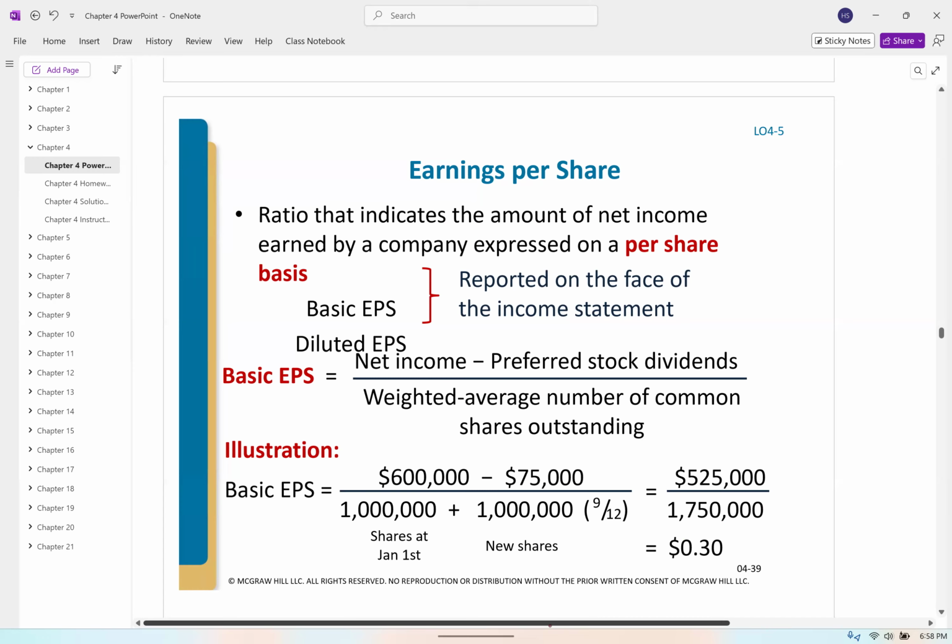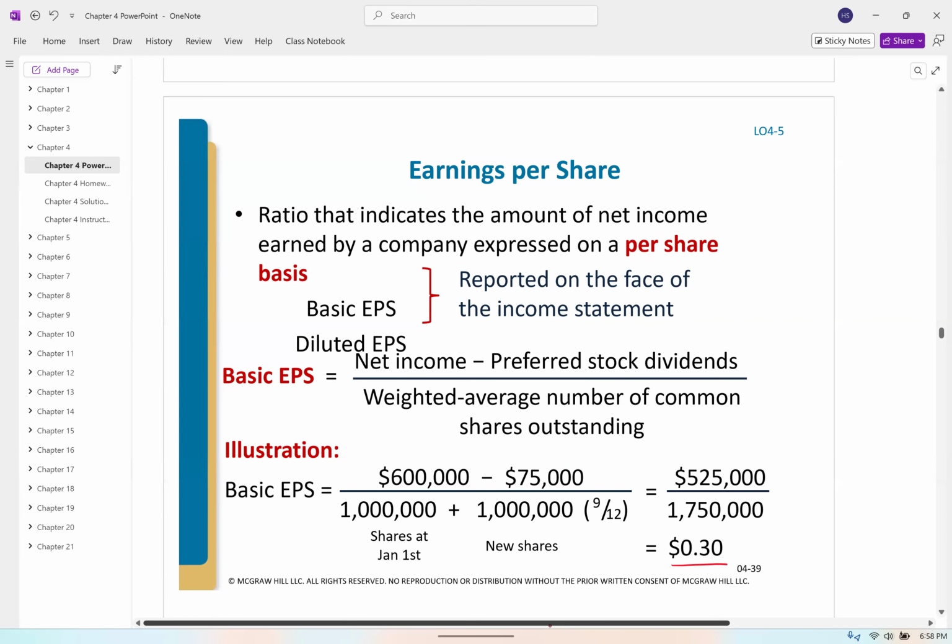What will happen sometimes is that we will have a security, maybe a bond, that is convertible into equity. If that happens, then it could have a diluting effect on earnings per share. So here they did the calculation, earnings per share of 0.30. I'm not sure where they got these numbers from.